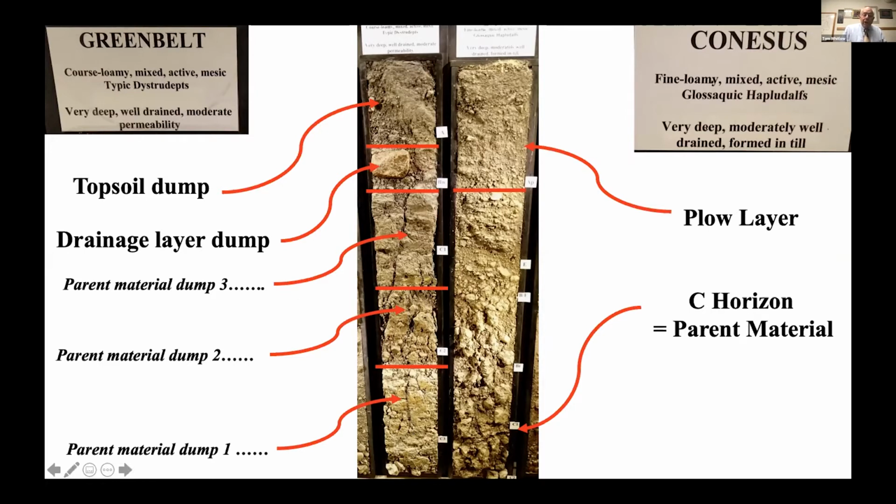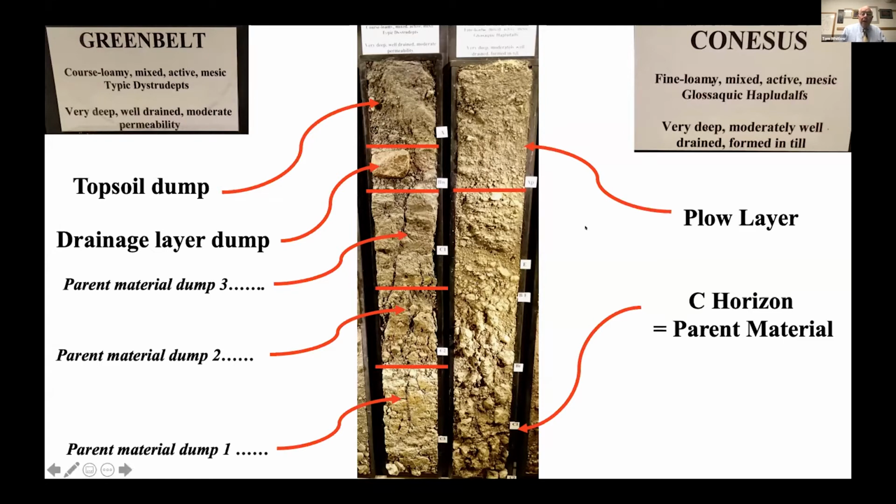I'll call this parent material, the material from which soils are developed. At the bottom of this left profile, we have the first dump, literally imported and dumped parent material brought in from who knows where to bring the soil up to a desired grade.